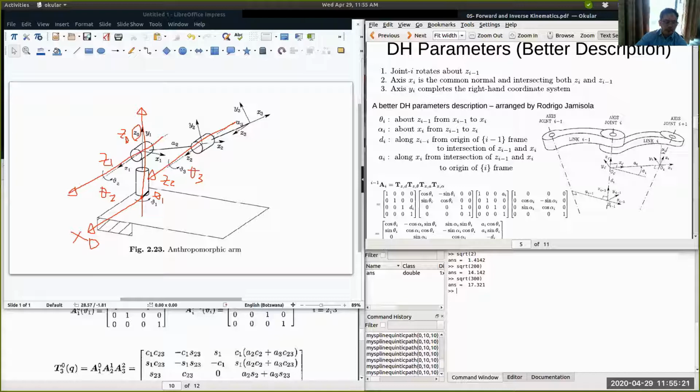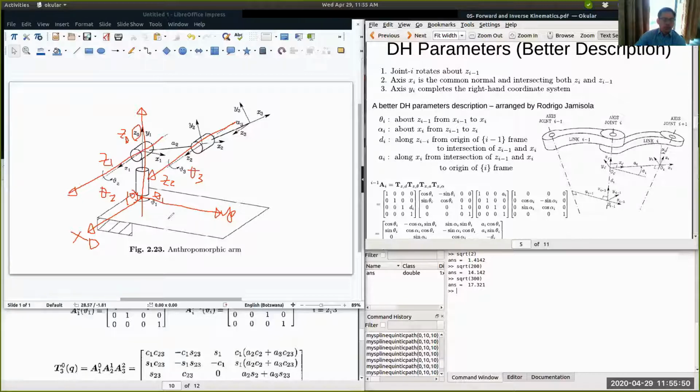Completing the right-hand rule, your Y will be here. That's Y0, and the origin is here for frame 0. We're not violating anything because the base frame X and Y are just arbitrary.